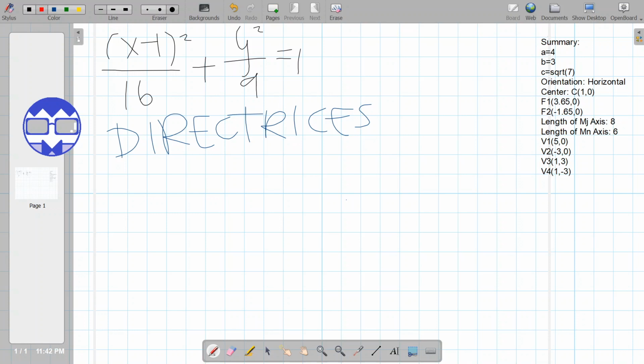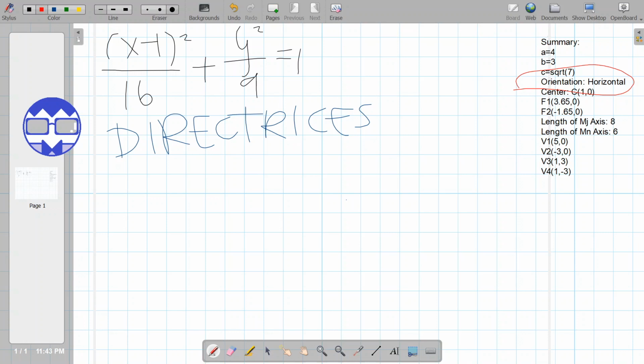So where to base the directrices? You always need to remember that directrices are always dependent on the axis. In this scenario, we have our major axis. The major axis is horizontal, so the orientation is horizontal.